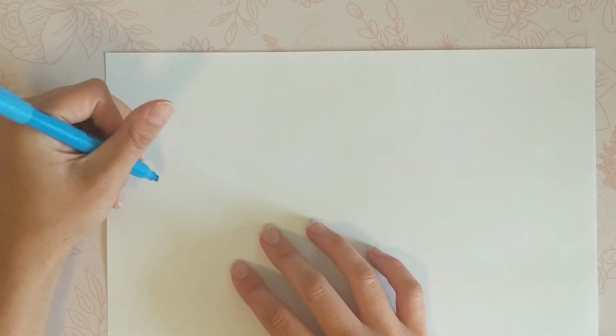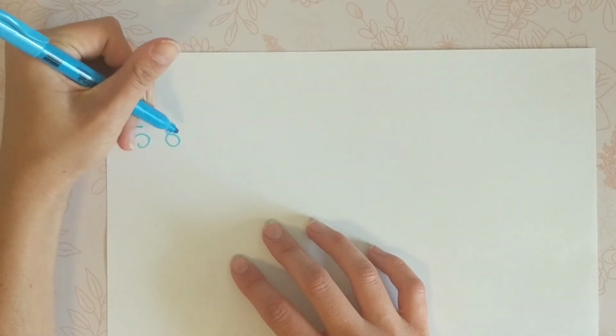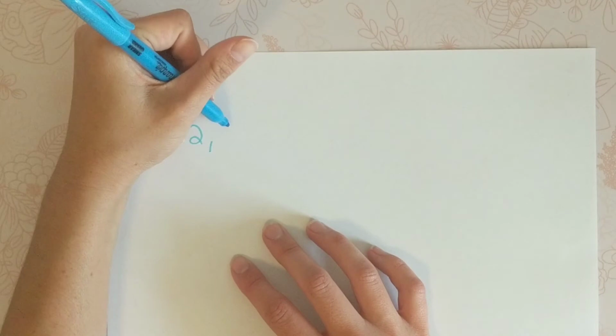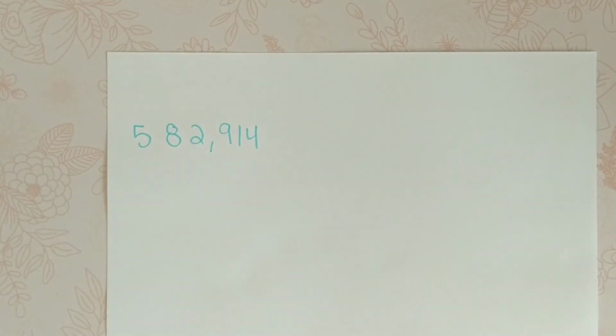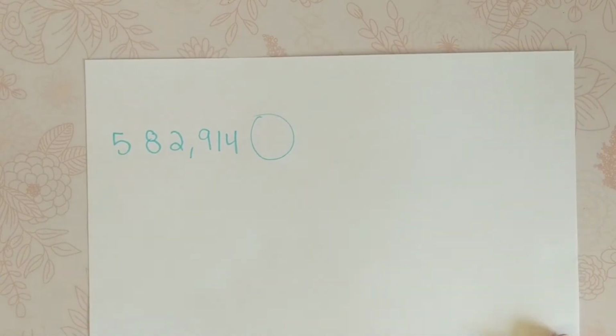Let's do one more. You are also going to get some that are a little more complicated. They're trying to trick you like this. So they'll give you a number. Okay? And then they want you to compare it, but then they put the second number in expanded form, or they put the second number in written form.